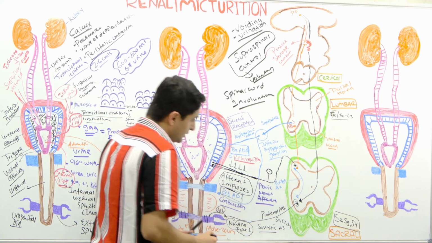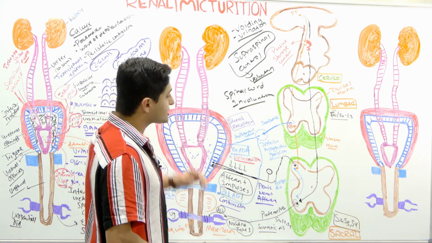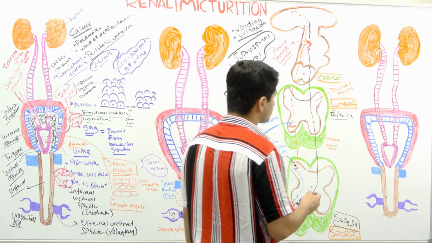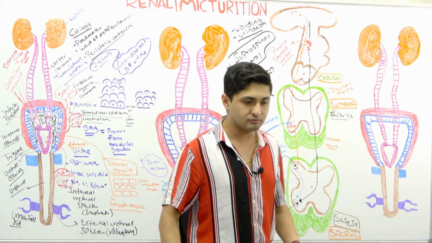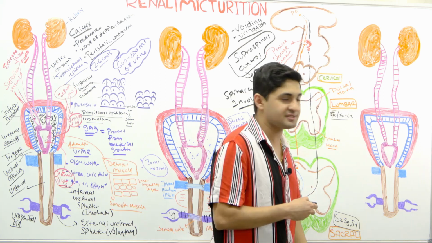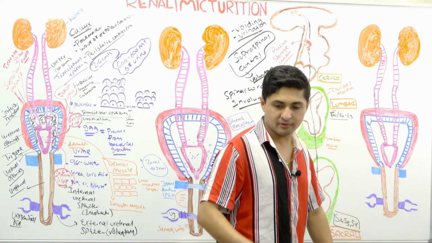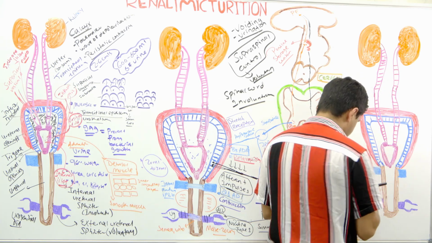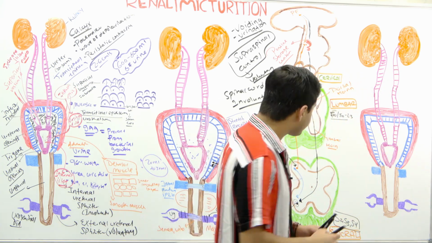Now after that, let's talk about this one right here. Let's say this bladder is filling up, so lots of urine is coming down from here. Let's write it down here: lots of filling up.